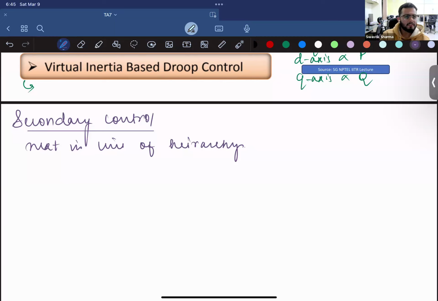That's the use of secondary control, and it is a bit slower than your local control because it is used after the local control doesn't issue a control signal. Then the secondary control comes into play.